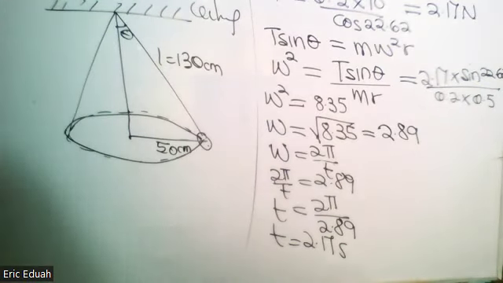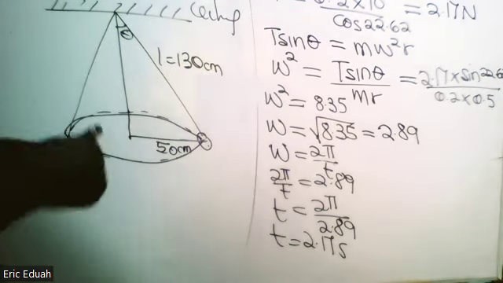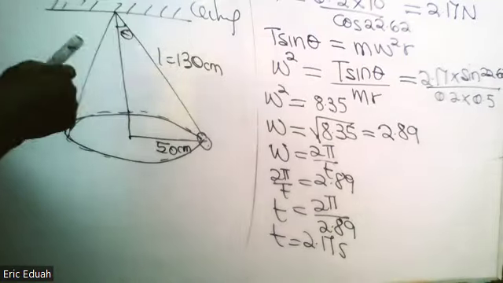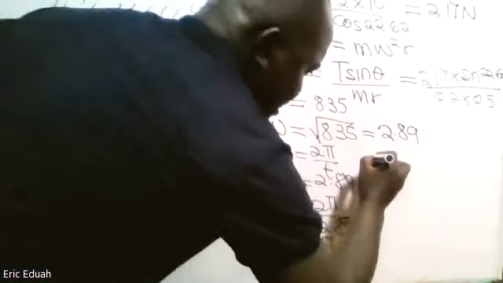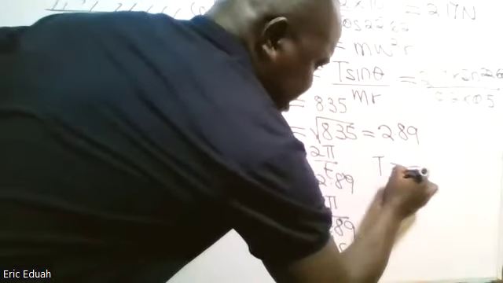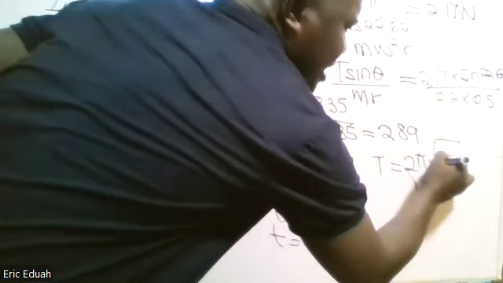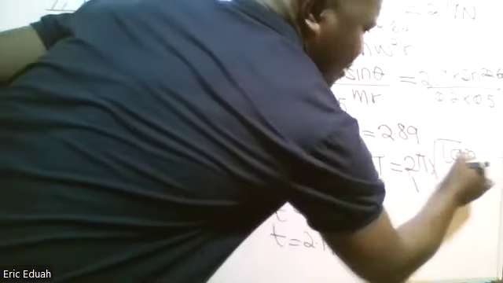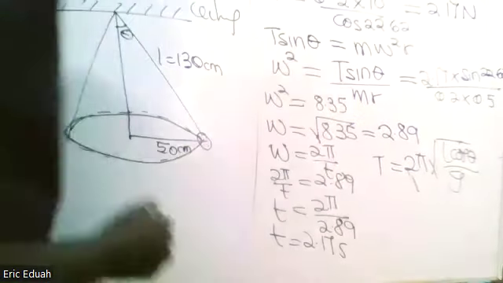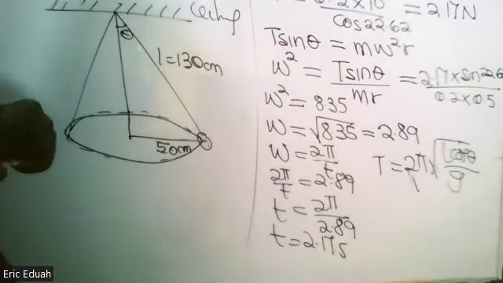Okay. Now, if you happen to memorize the formula for the period, capital T, which is, I think, 2 pi root of L cos theta over g, it must give you the same value.